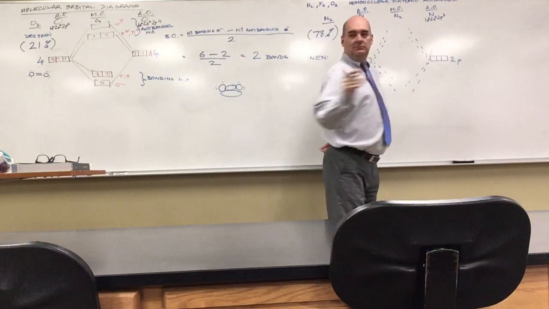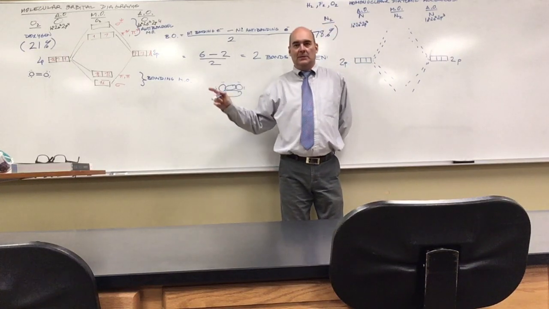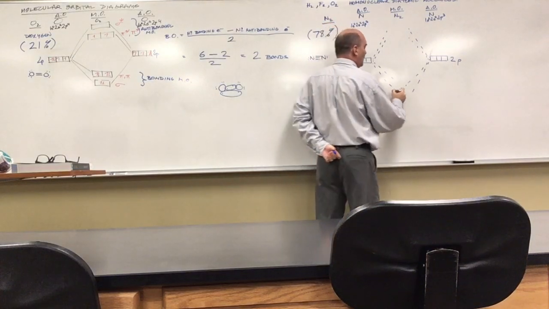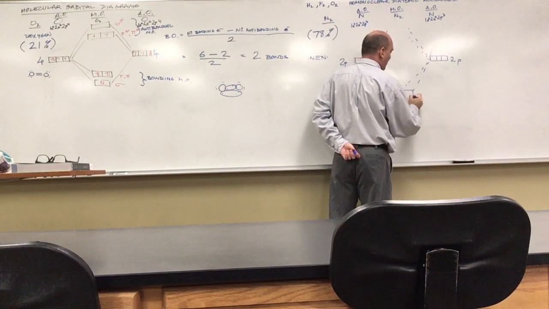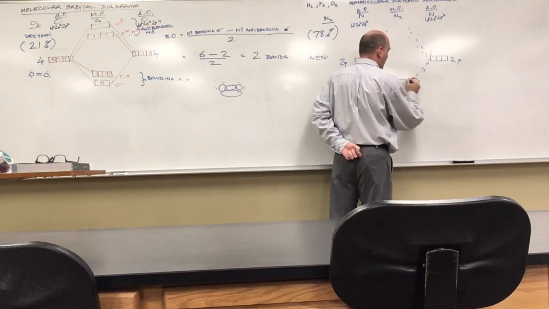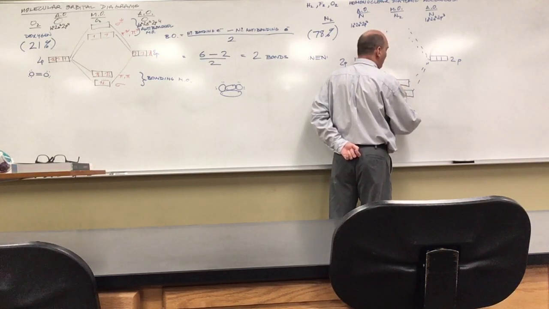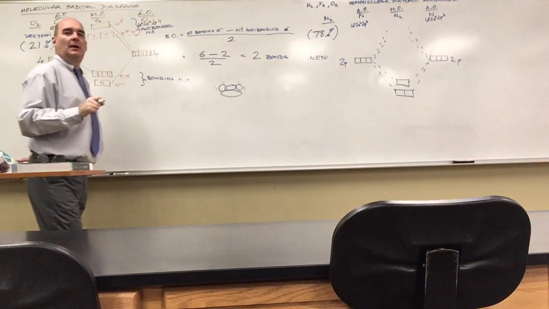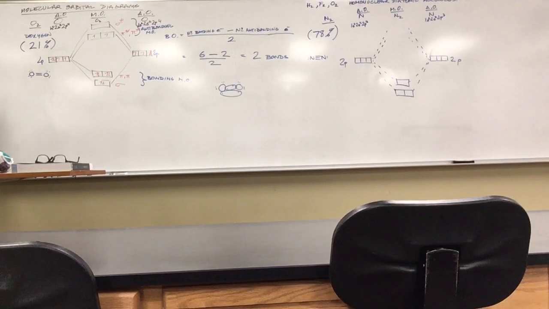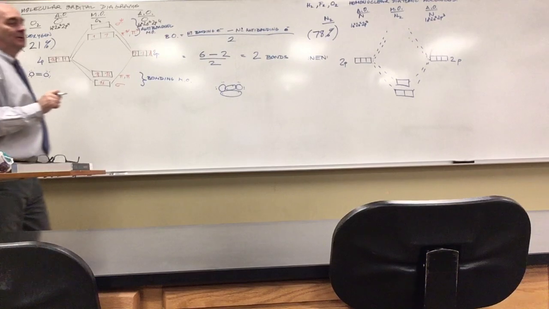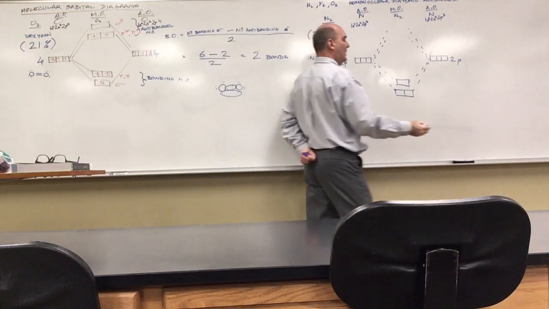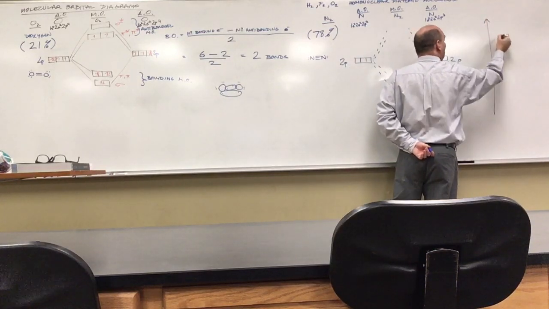We saw fluorine. Fluorine looked like that. We saw oxygen. Oxygen looks like this. Between oxygen and nitrogen somewhere, something very, very small happens. The p overlap gets a little bit better. And so the pi orbitals turn out to be just a little bit lower in energy. Remember, energy is going this way.